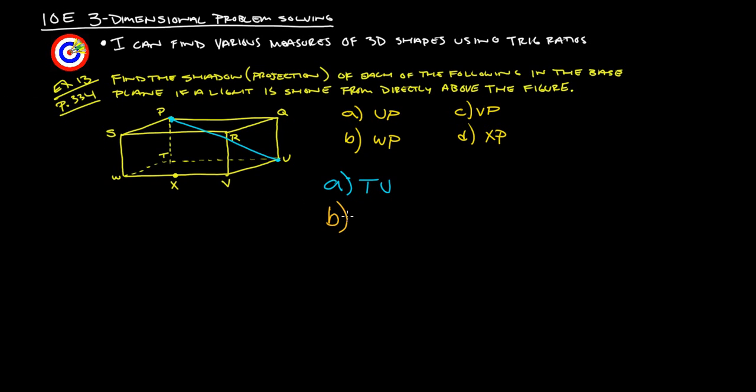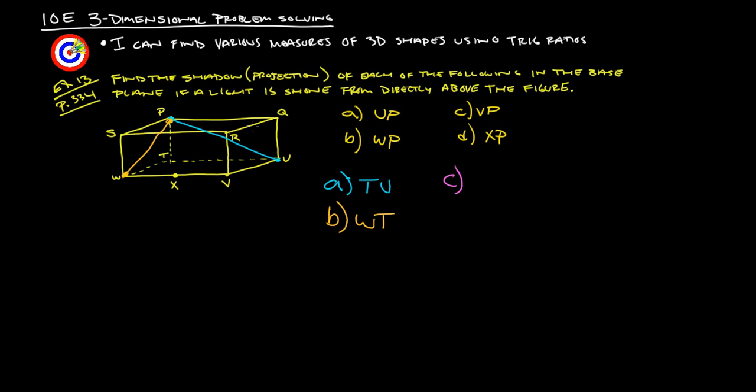So B is WP, so here's W and here's P. To make this shadow here, if it's shone from straight above, it's going to be WT. Alright.